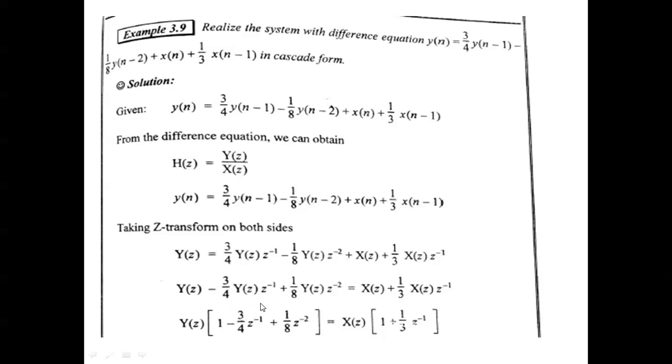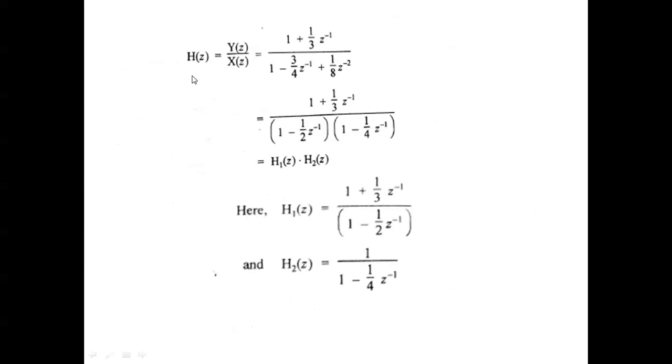After that, take y of z outside, and also take x of z outside, so they got the value like that. Then we know the formula h of z is equal to y of z over x of z.